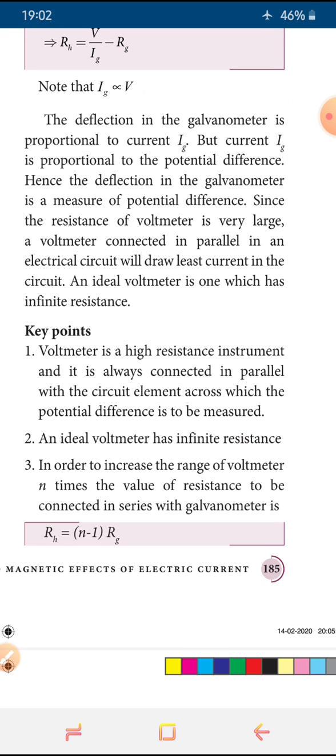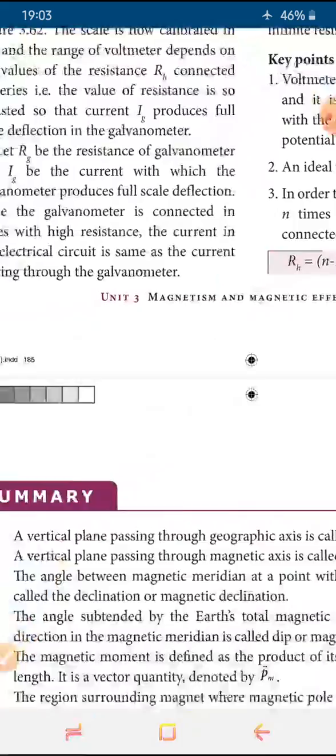It is always connected in parallel. An ideal voltmeter should have high resistance, that means infinite resistance. In order to increase the range of the voltmeter, n times the value of resistance is to be connected in series with the galvanometer. Then we can write the formula RH is equal to n minus 1 of Rg. These are the key points given here.